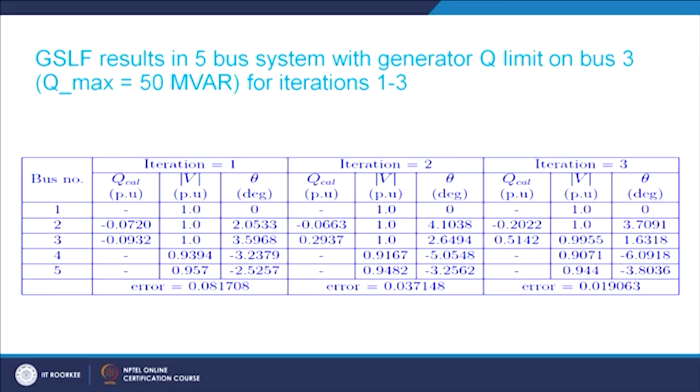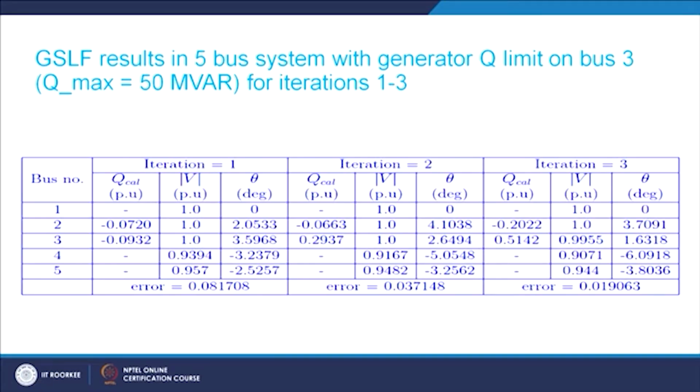In the first iteration, the limit for bus 3 is minus 5 to plus 0.5, but in iterations 1 and 2 bus 2 has no limit because its limit is still minus 5 and plus 5.